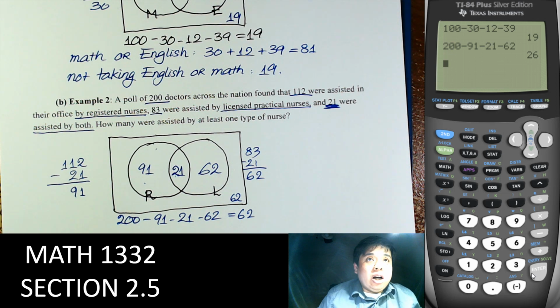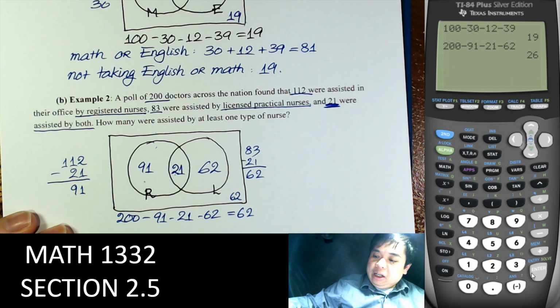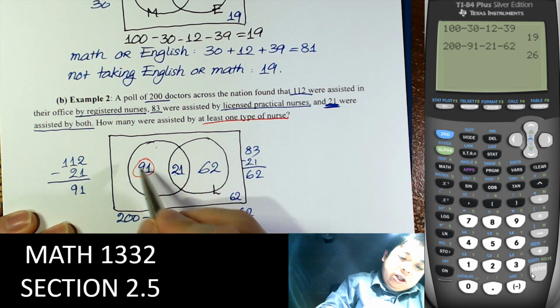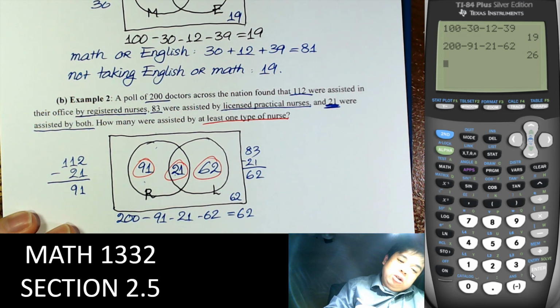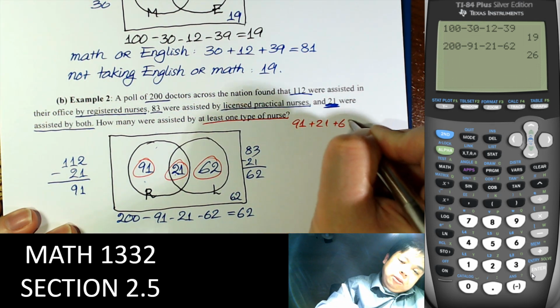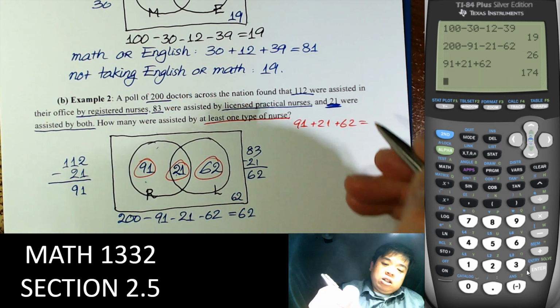Right. So we look at the question. The question is how many were assisted by at least one type of nurse. So it could be 91, 21, or 62. So we just add that. It gives us 174.